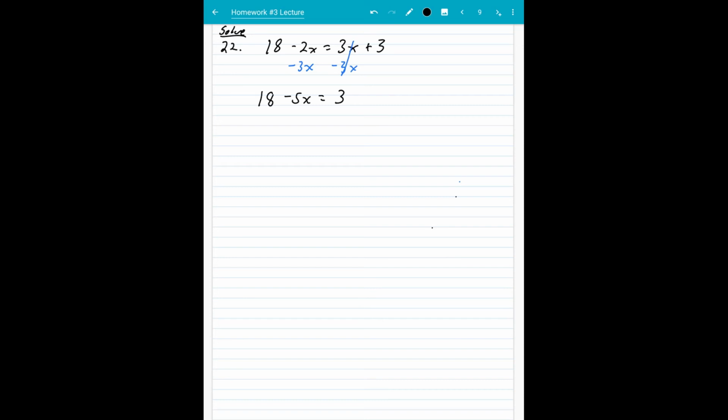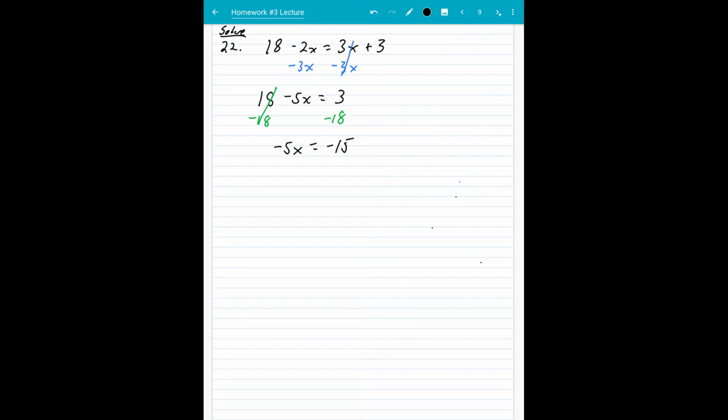Now we have all the variables on the left side. We need to move the 18 over on the right side. Subtract 18, subtract 18. That gives us negative 5x equals 3 minus 18 is negative 15.